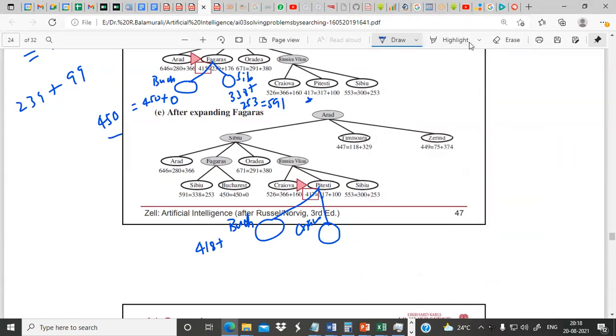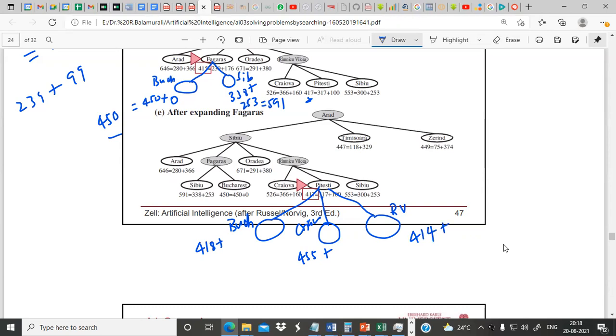So this is 455 plus something. And similarly from Pitesti, you can also reach Rimnicu Vilcea. So what's the cost of reaching from Pitesti to Rimnicu Vilcea? It is 97. And the cost of reaching up to Pitesti is 317. So 317 plus 97 is 414, right? 417 minus 3, 414. Yeah, 414.